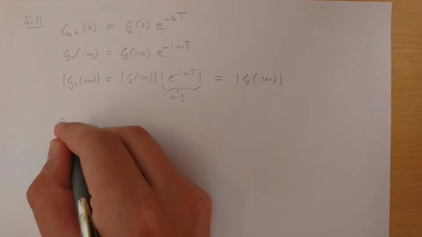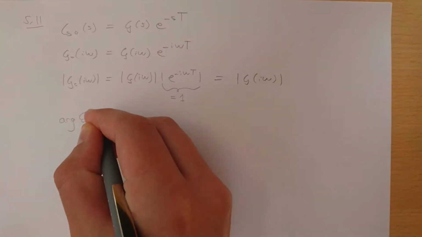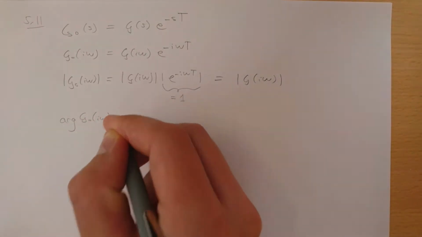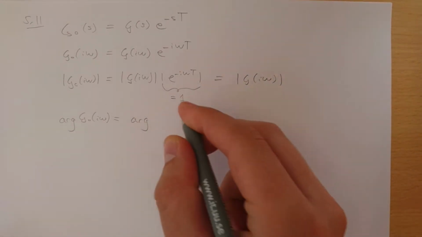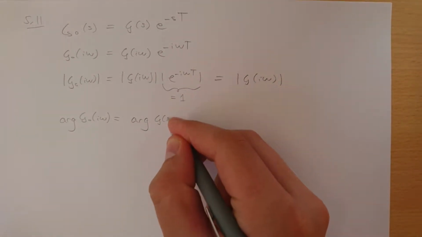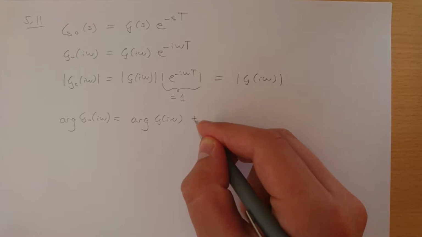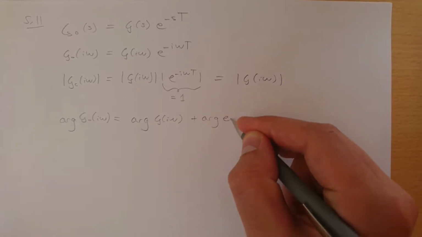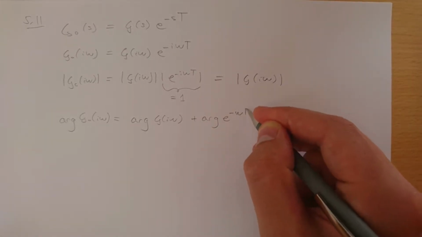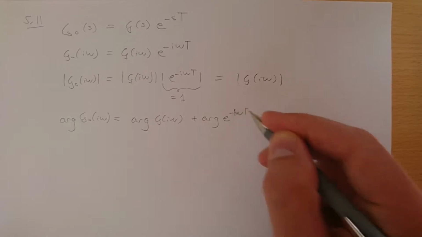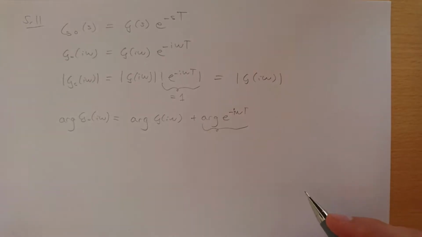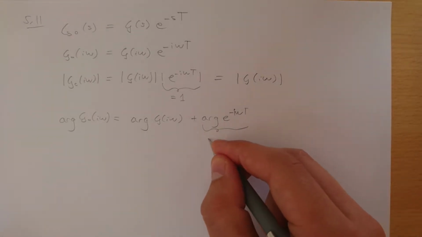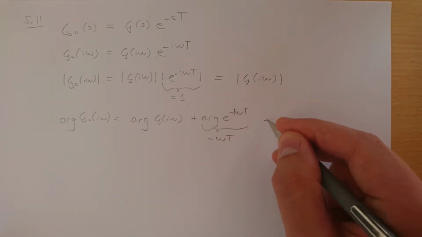The argument, on the other hand, we may guess that something will happen with that one. So the argument of a product is just the sum of the argument of each factor. And the argument of this exponential, once again, it's a complex number of polar form, so the argument is just minus ωT.